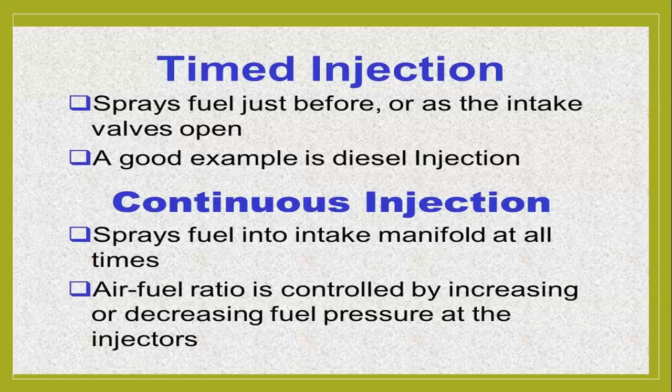Spray fuel, very, very important: spray fuel, especially for diesel, just before the intake valve opens. A good example is diesel injection. Continuous injection sprays fuel into the intake manifold at all times.